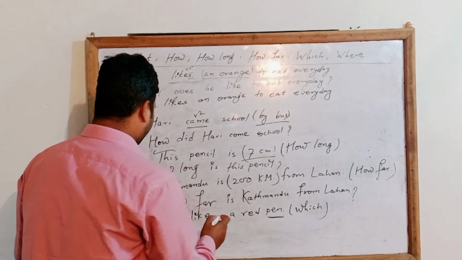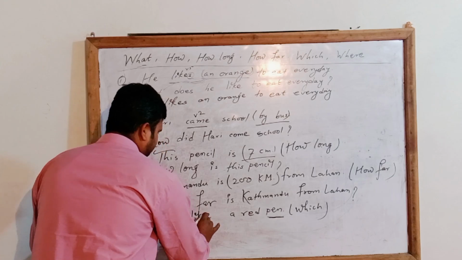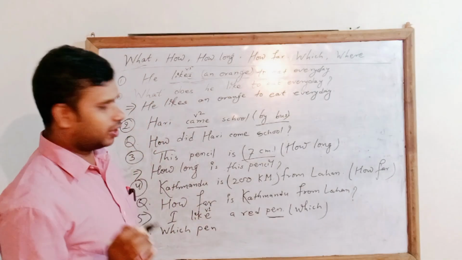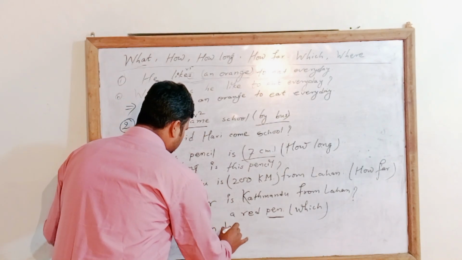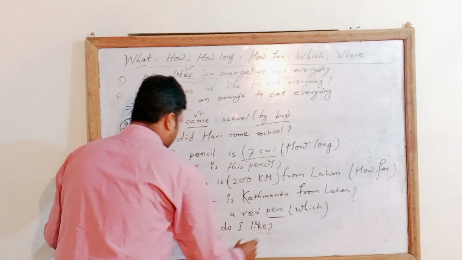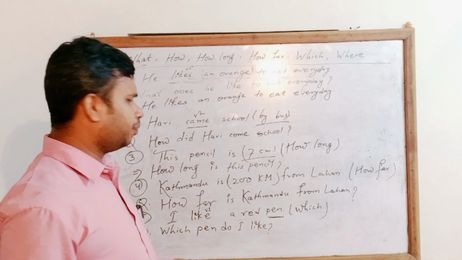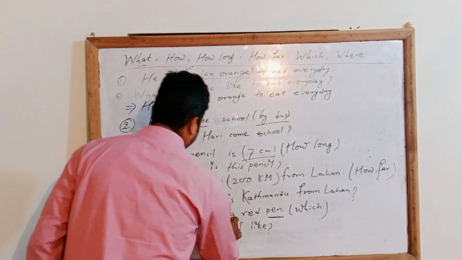Listen, which pen? This is simple present tense, V1 form. So you have to include here do. Which pen do I like? Which pen do I like? Okay, अनि मलाई कुन पेन मन पर्छ? कुन पेन मन पर्छ? A red pen.